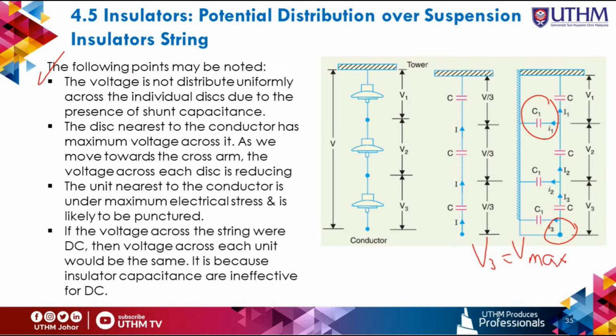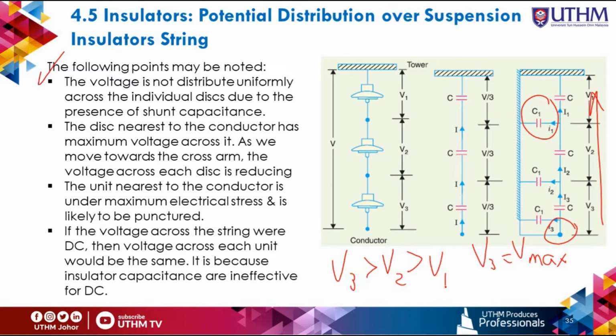As we move towards the cross arm, the voltage across each disc is reducing, meaning that V3 is bigger than V2, which is bigger than V1. The unit nearest to the conductor is under maximum electrical stress and is likely to be punctured.